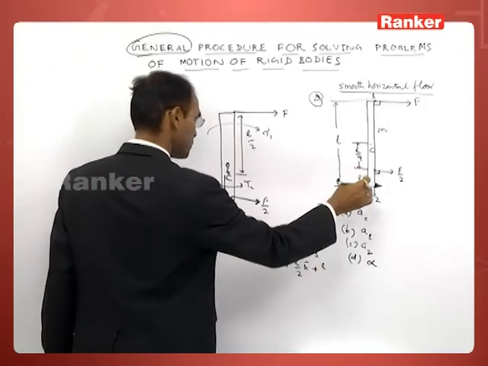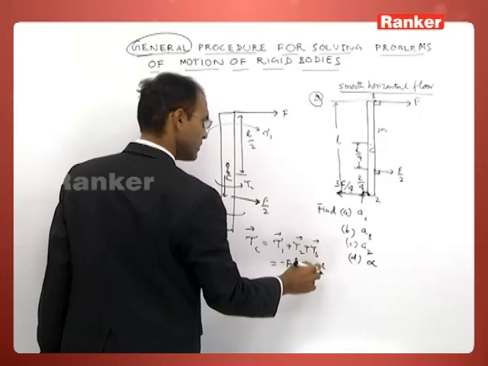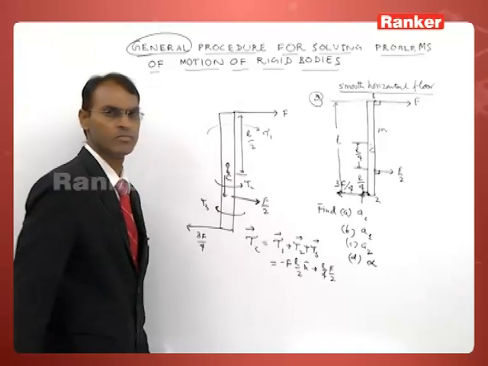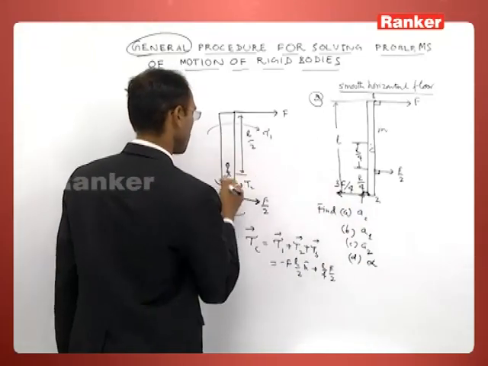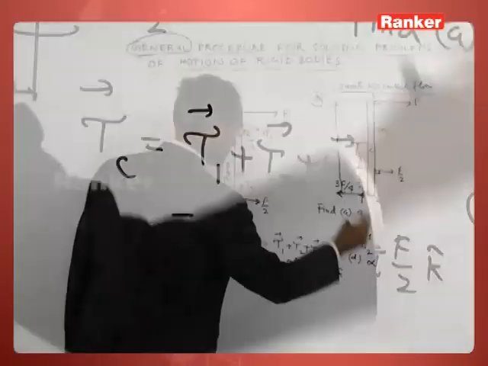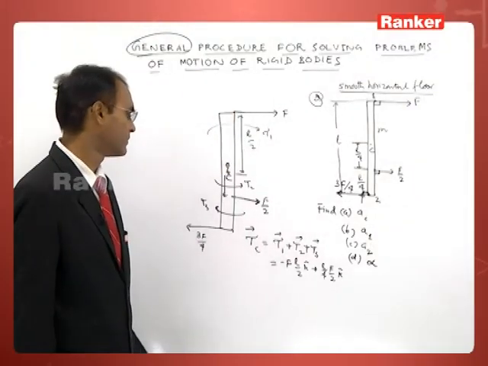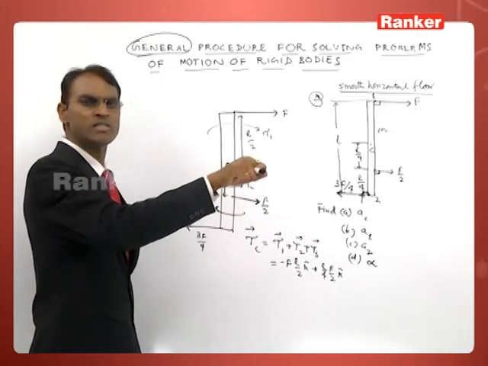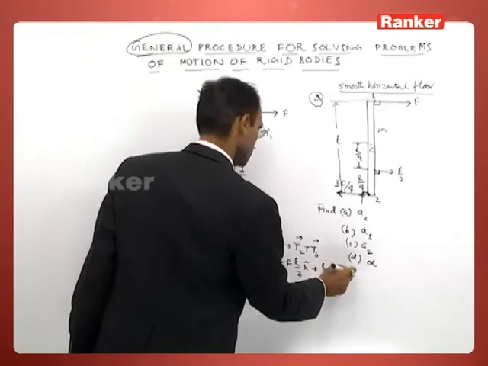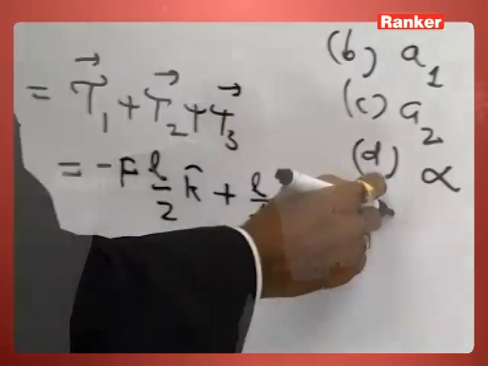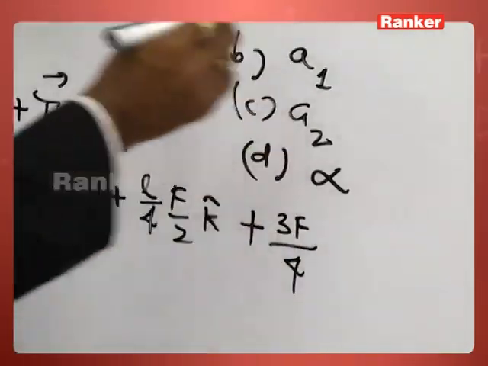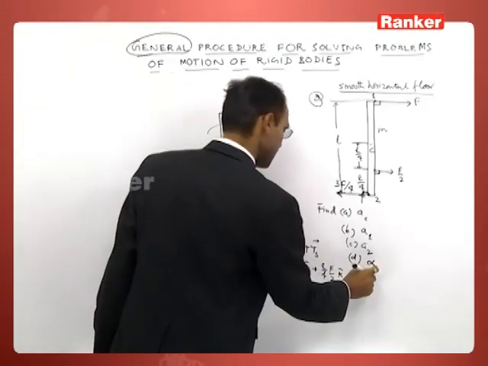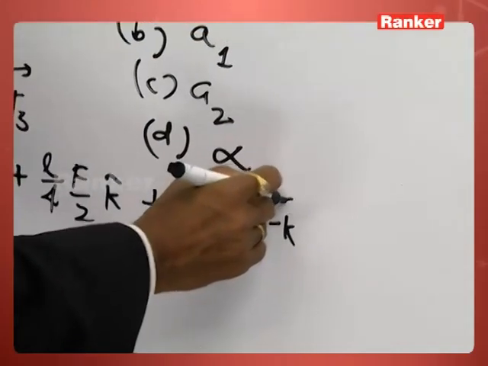Therefore, the torque produced by this force about the center of mass is L/4 into F/2, and direction is anticlockwise or positive k cap. Next, this force produces a clockwise torque, which is equal to force into the distance. This distance is L/2, but direction is minus k cap.